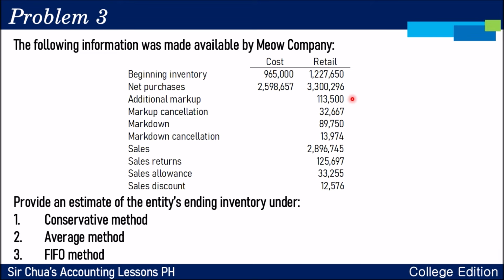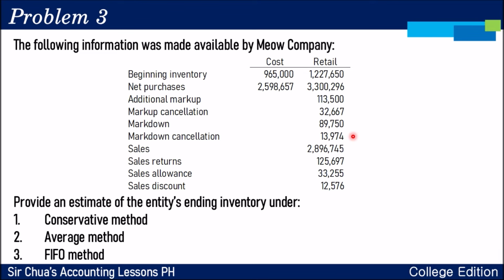Yung selling price. Pag sinabi namang markup cancellation, pagbaba ng presyo pero hindi ka bababa sa original selling price. Pagka naman po markdown, pagbaba ng presyo. Pero pag markdown cancellation, slight na pagtaas ng presyo na nakakancel niya yung ginawang markdown pero hindi ka tataas naman dun sa naging original price galing sa markdown.